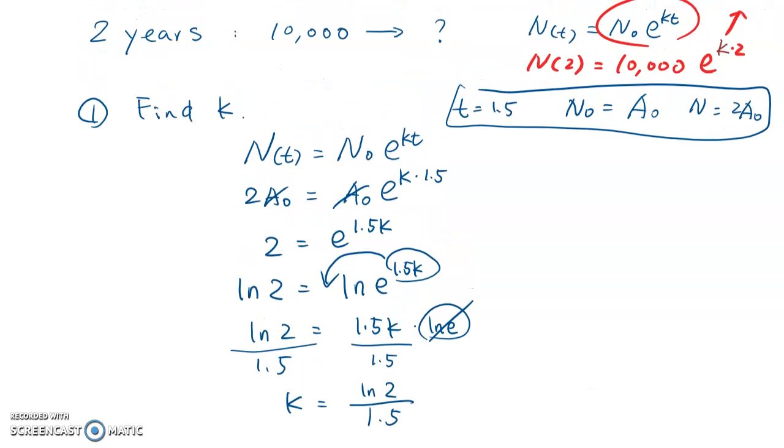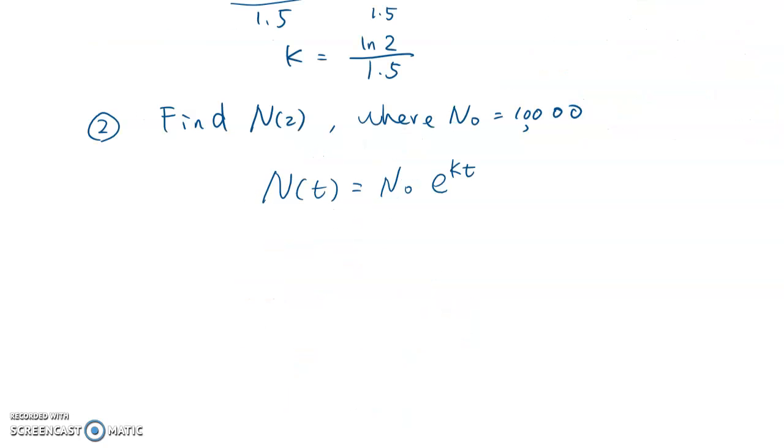Now let's go back to what we're looking for. We're looking for N of 2. Back to our formula, t is 2, our initial amount here is 10,000, and e to the k, we just did the calculation, it's ln of 2 over 1.5, times t, which is 2.